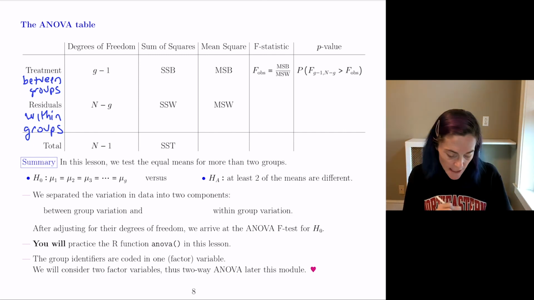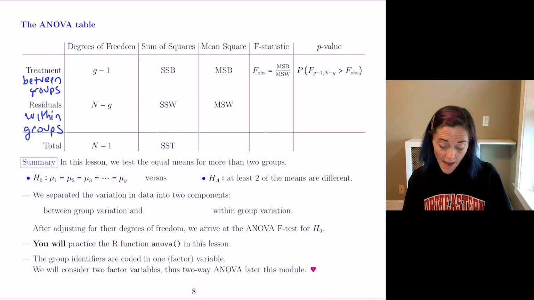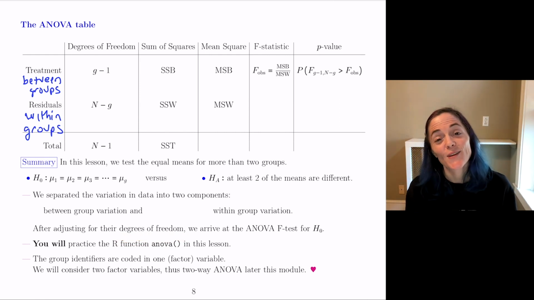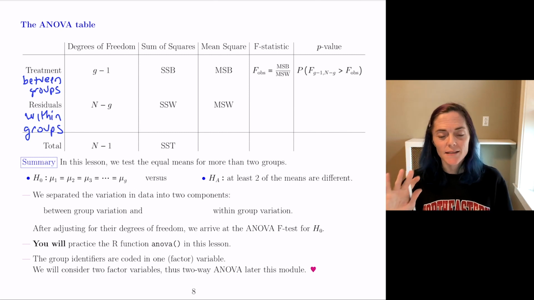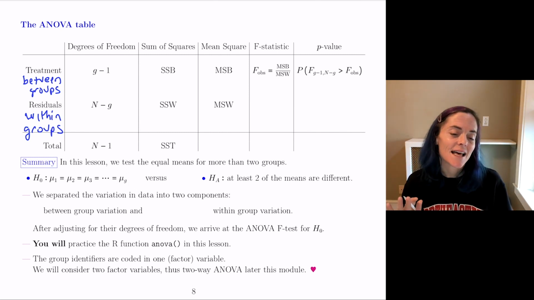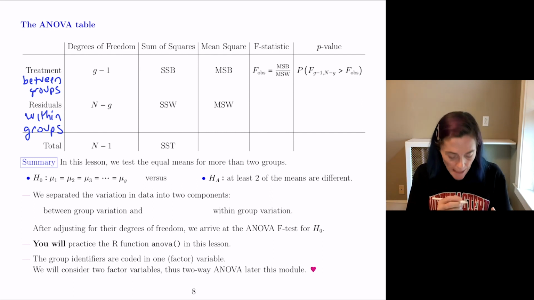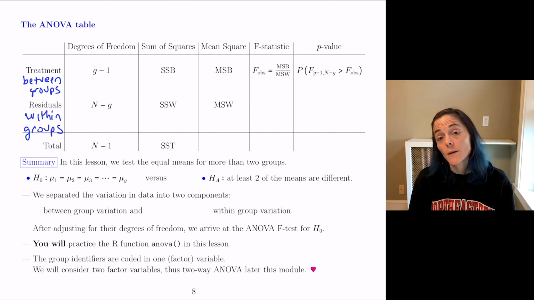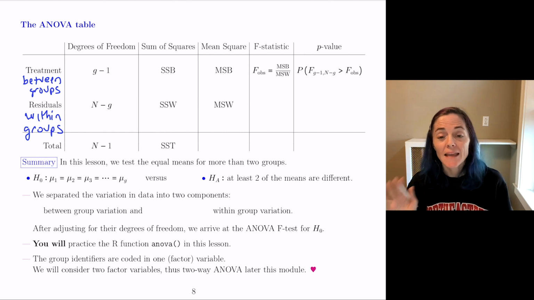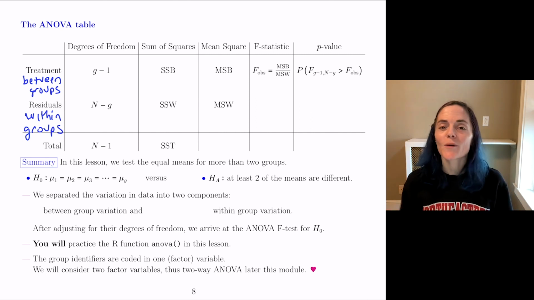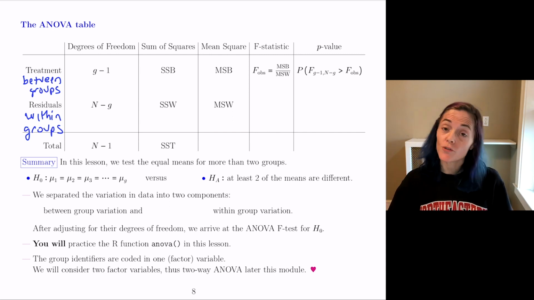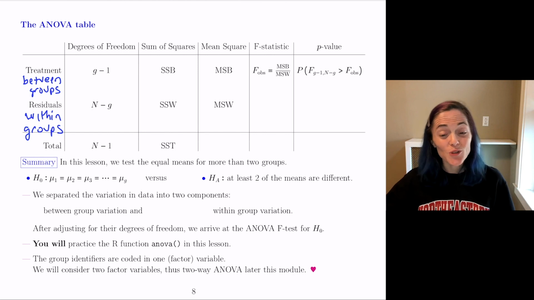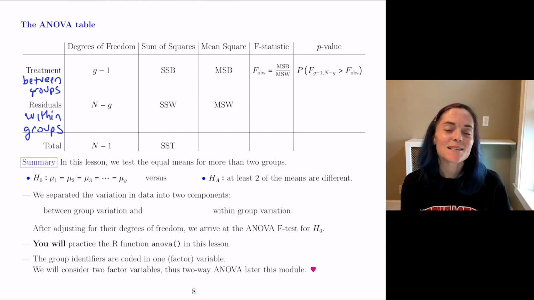So after adjusting for the degrees of freedom, we arrive at the ANOVA F-test for the null hypothesis. Inside Canvas, you will practice the R function ANOVA in this lesson. Now, the group identifiers here are coded in one variable or one factor. That's the one-way part of one-way ANOVA in this Lesson 1. But we will consider two factor variables in a two-way ANOVA later in this module.